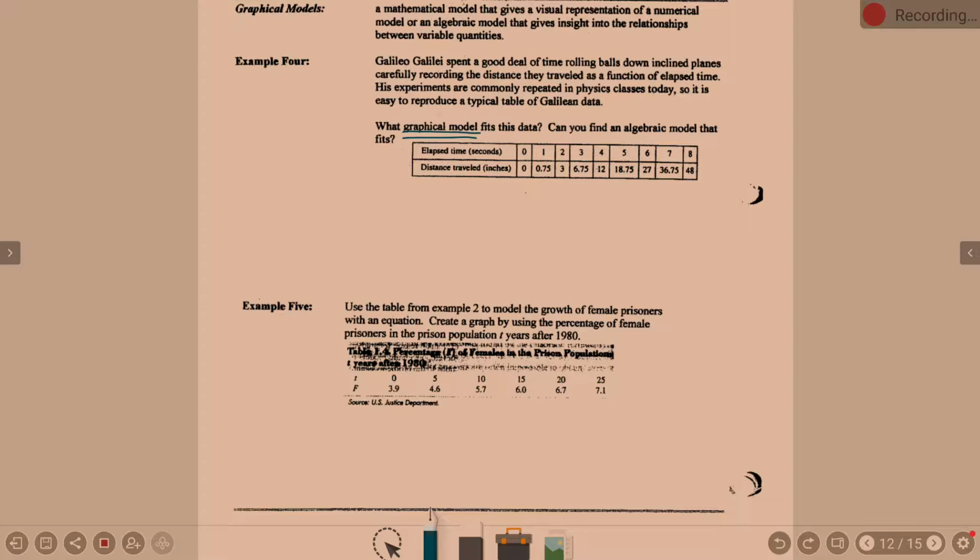Now, I'm going to type in some data. In L1, I'm going to put in my times. So L1 is going to be these. L2 is going to be the distance traveled.